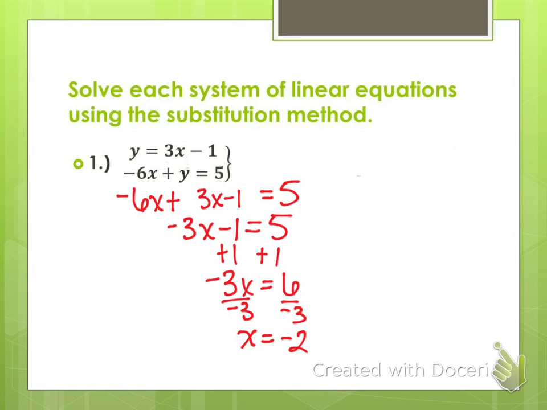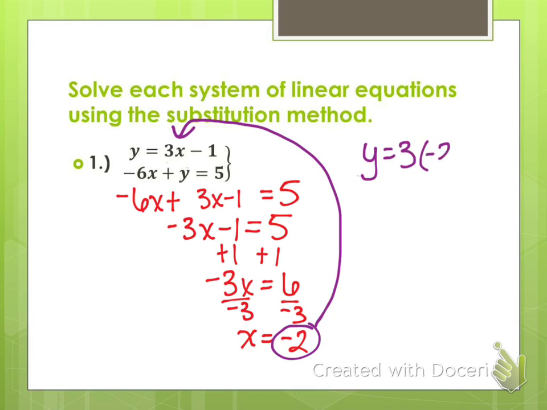So now that we found that, we're going to take that x number and plug it back in to the x in that top equation where y is by itself. Really, you could plug it into either equation, but if y is already solved for here, then it's going to be easier to use this top equation. So we have y equals 3 times negative 2 minus 1.